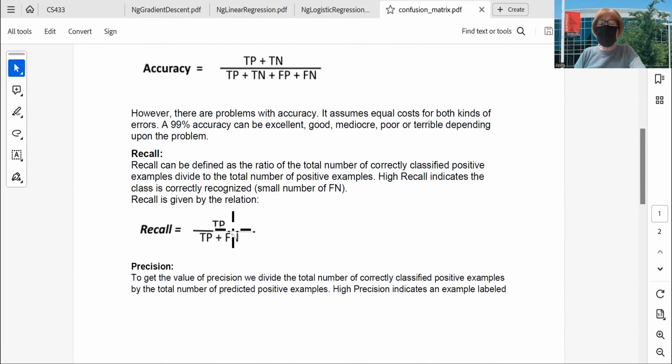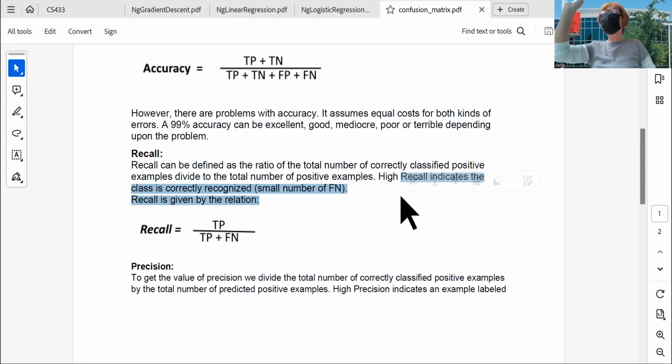If the recall value is high, that means the class is correctly recognized. So this is the recall value.